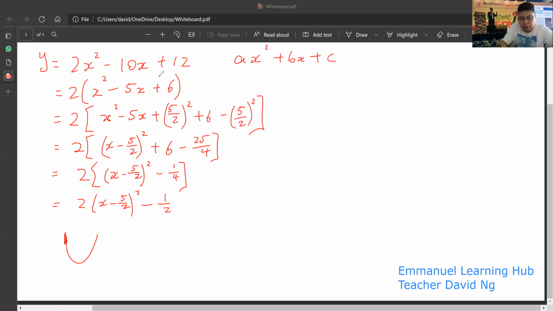But just like I mentioned, the purpose of completing the square is to find the turning point effortlessly. So the minimum turning point will be, okay, this is the minimum turning point. How would I know this is the minimum turning point? By substituting whatever is in the bracket as 0 to get your x.